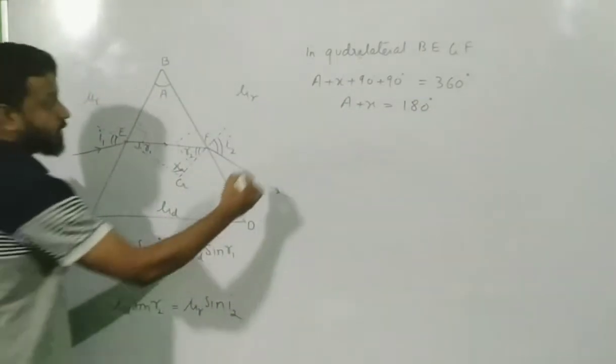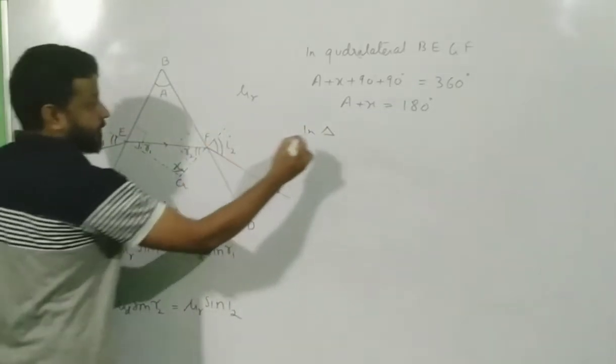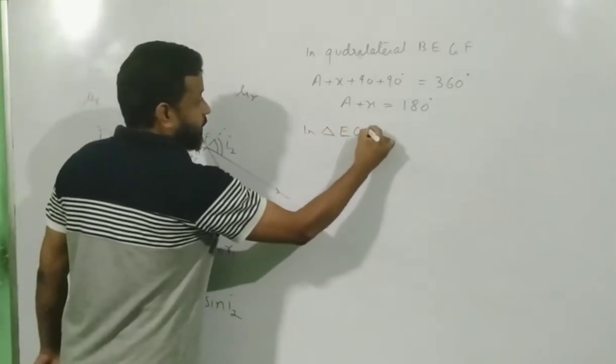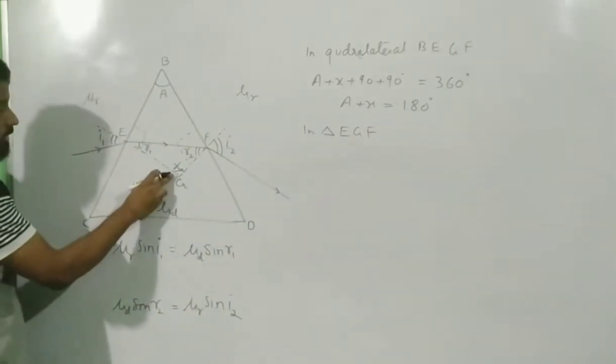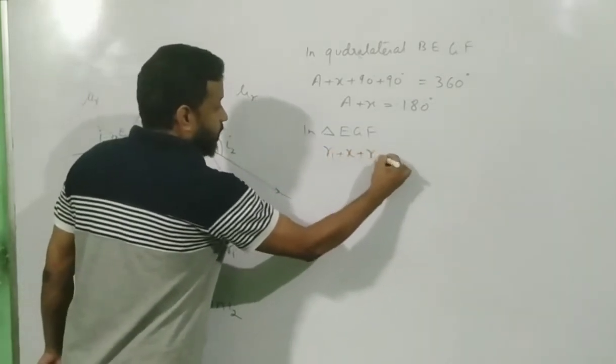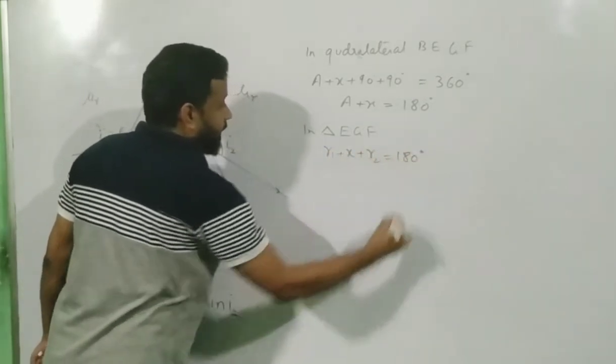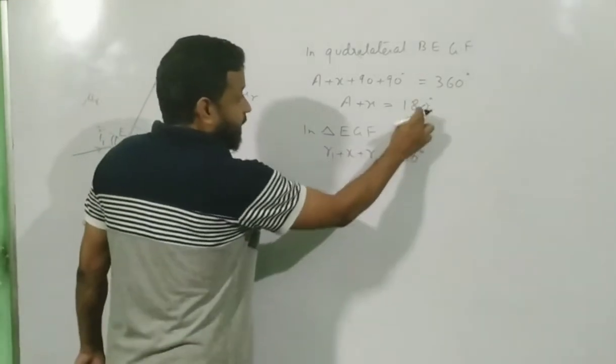Now we are going to focus on triangle EGF. What will I get? I will get R1 plus X plus R2 equals 180 degrees. The right-hand side is 180 in both.